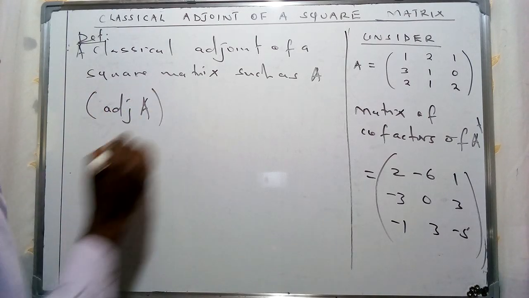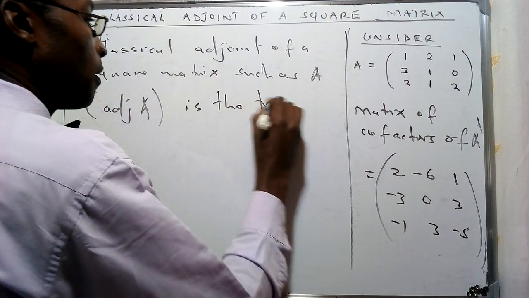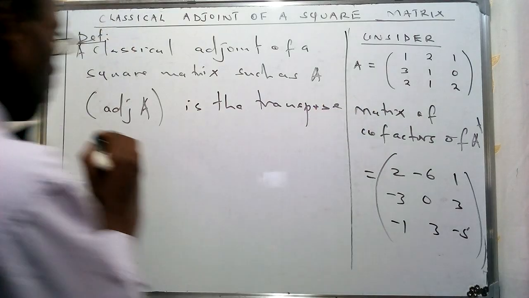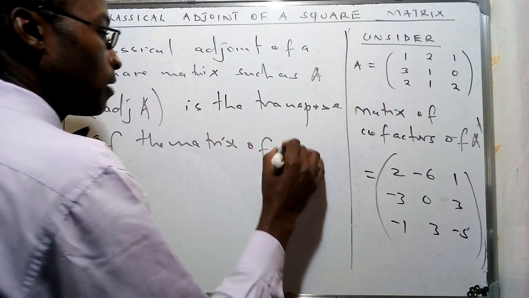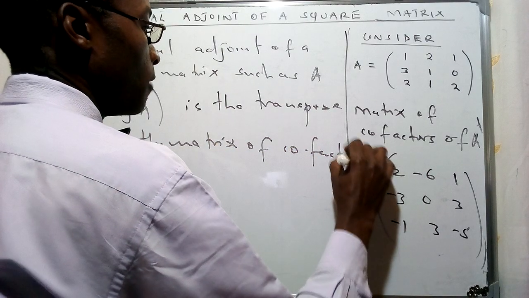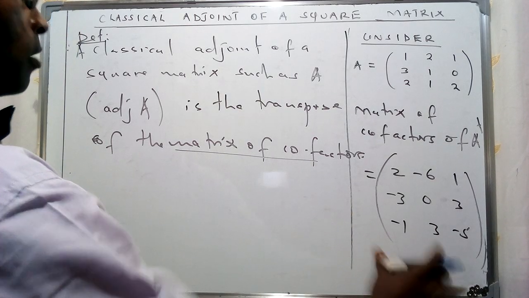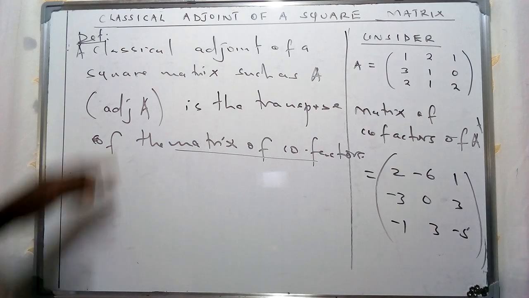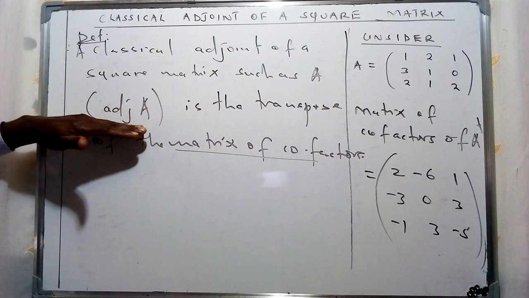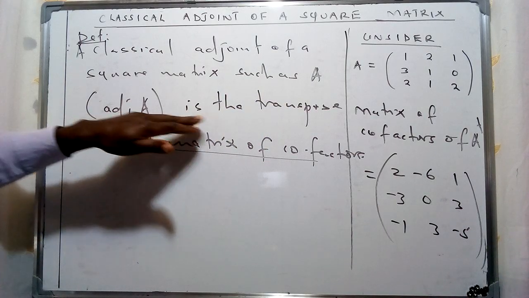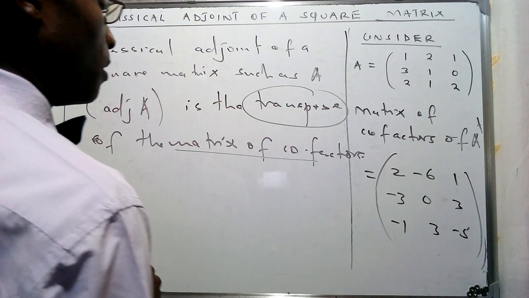We are going to have adj A given as such, which is the transpose of the matrix of cofactors of this matrix A. So we have obtained the matrix of cofactors, which I've just shown from my previous statements, and therefore we can define a classical adjoint of a square matrix using this notation, which is basically a transpose of the matrix of cofactors. So I've introduced a new term which we are going to look at in this case.